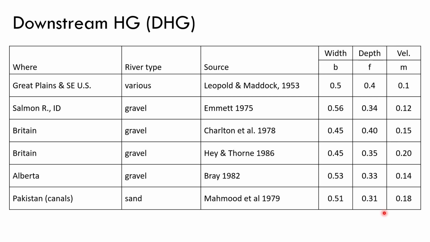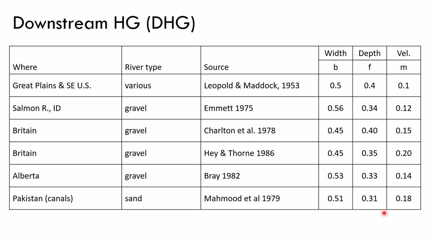And it's shown, this has been done in a lot of different streams all over the world, and it shows that a lot of streams have similar hydraulic geometry relationships. Okay. And what this shows, though, is that because there's a lot of consistency, especially in the downstream hydraulic geometry that we're seeing here, it supports the idea that most streams tend to be at equilibrium.